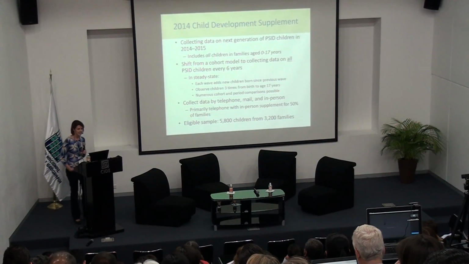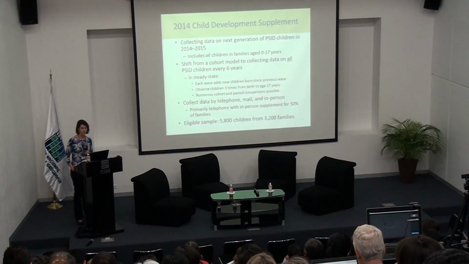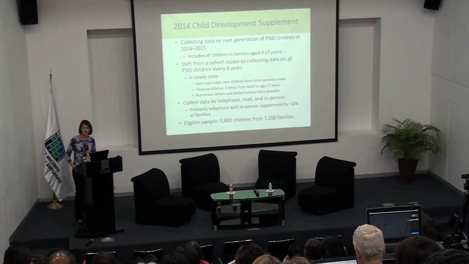And our goal by HRS is to move from a cohort model to a steady state model, where we're collecting data on all PSID children every 6 years. So in that steady state, in each wave we will add children who have been born since the previous wave, and we'll observe children 3 times. And this allows numerous cohort and period comparisons.